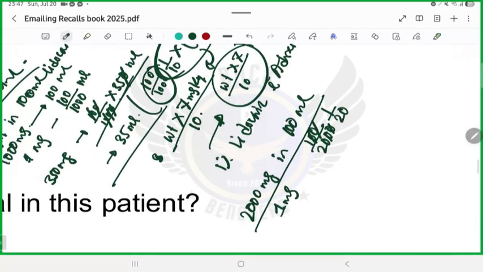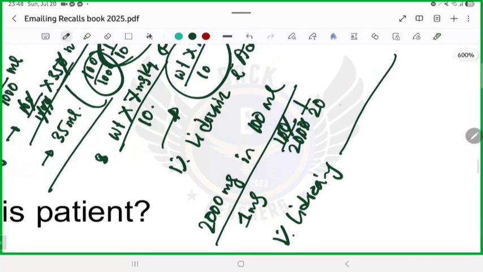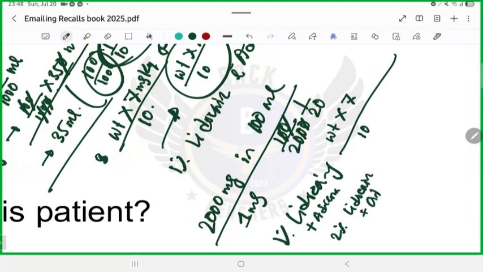So in case of 1% lidocaine, all we do is, if they say lidocaine plus adrenaline, simply weight into 7 by 10. 2% lidocaine with adrenaline, simply weight into 7 by 20.